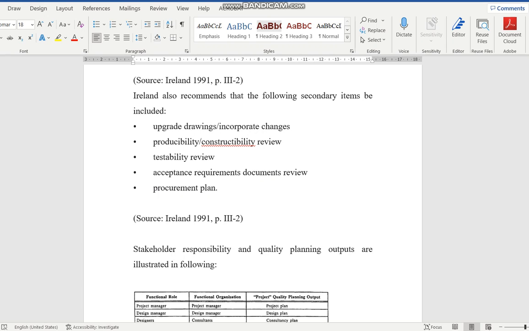Besides, the manual also needs to include the drawings, how you review the constructability, the productivity, and the producibility, and all the testing laboratories, the quality test, the water quality test, all sorts of different tests that are required. It's like a secondary document, but it is important as well.